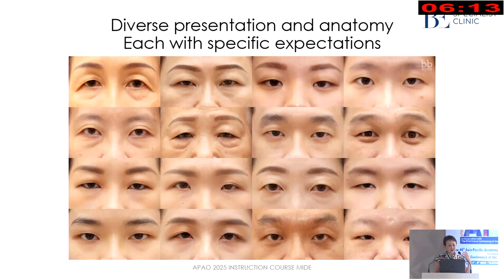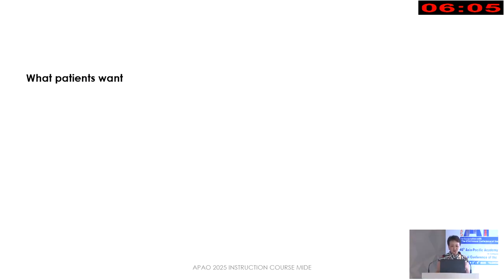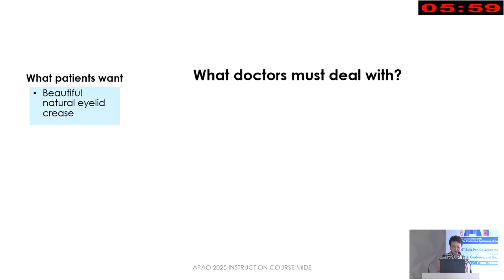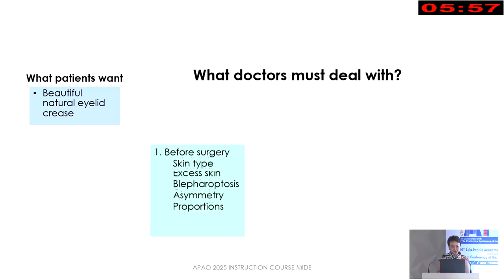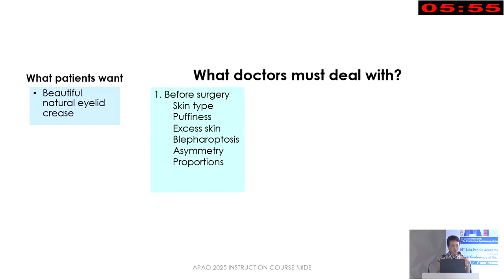We see diverse presentation and anatomy even among East Asians, and each patient has specific expectations. Whenever a patient comes to you, they say, I just want a beautiful, natural crease. But as doctors, before surgery, we must assess the type of eyelids, whether they're puffy, how much excess skin, symmetry, and proportion.